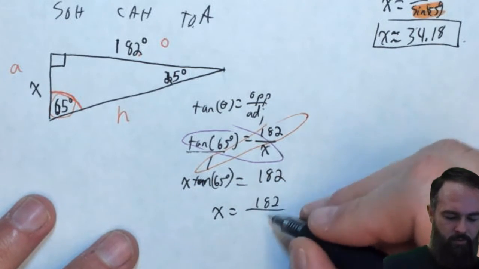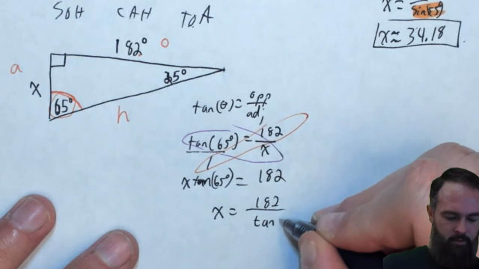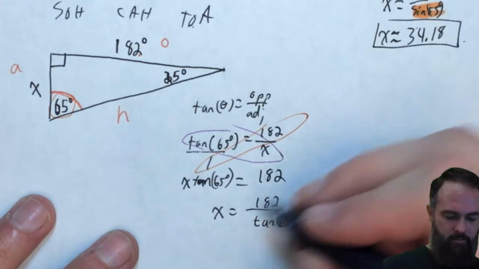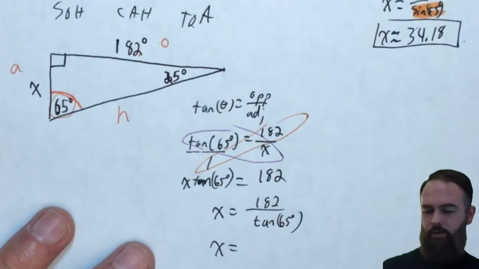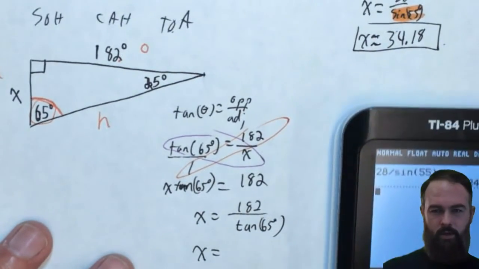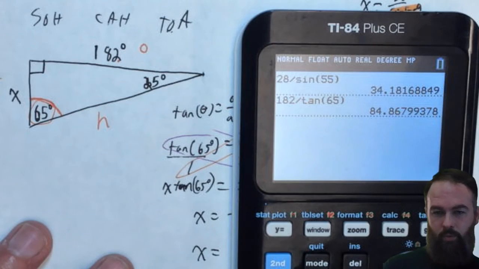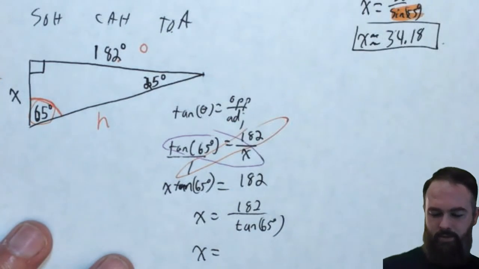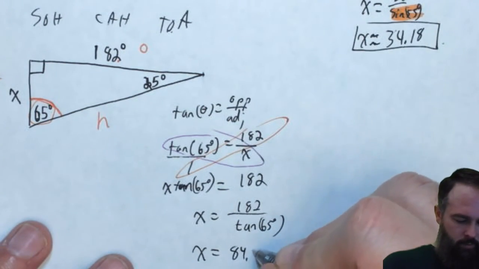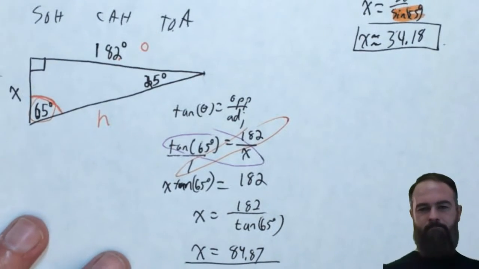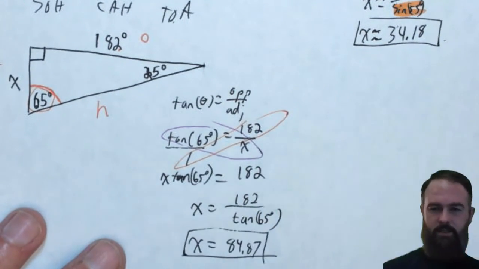I'm just going to go ahead and move it over to the other side. Tangent 65 degrees. So x equals, let's run to our calculator, 182 divided by tangent 65 gives me 84.87. It rounds up. Equals 84.87. Okay? There we go. Like I said, not that bad.